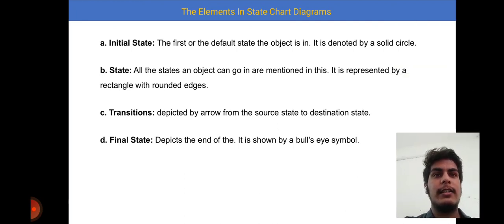Initial state, the first or default state the object is in, is denoted by a solid circle.